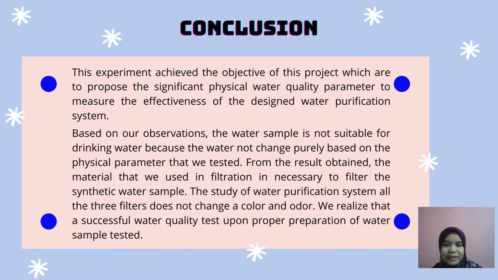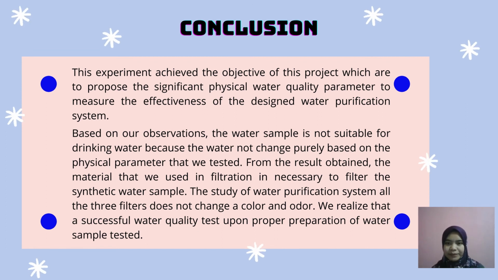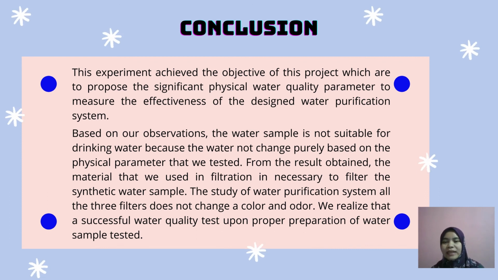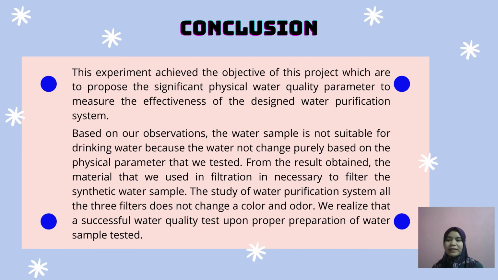From the result obtained, the material that we use in filtration is necessary to filter the synthetic water sample. All 3 filters do not change the color and odor. So, we realize that a successful water quality test depends upon proper preparation of the water sample tested.